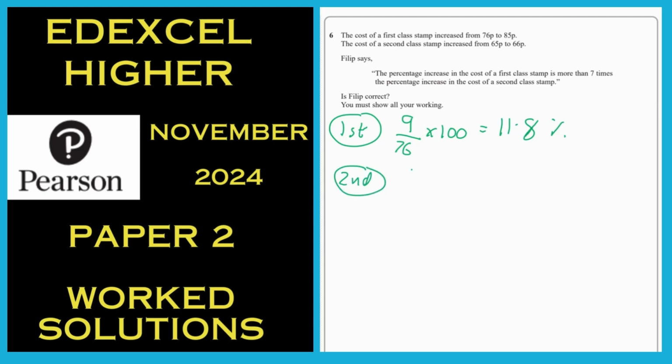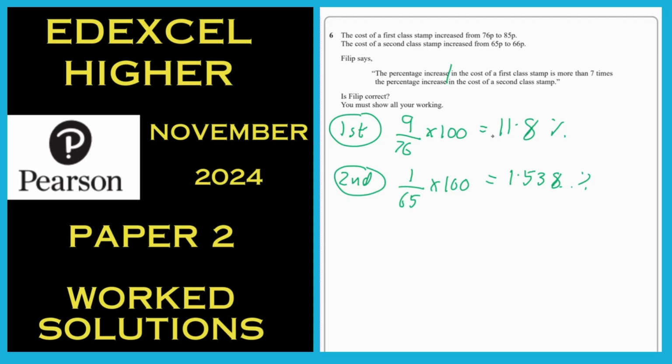Let's do the same for second class. It's only a penny is the actual increase. The original is 65p. Same again, times by the 100. And we're getting out roughly 1.53%. It goes on. You're nearly there. That's where we stopped. The percentage increase is the cost of a first class stamp is more than 7 times the percentage.